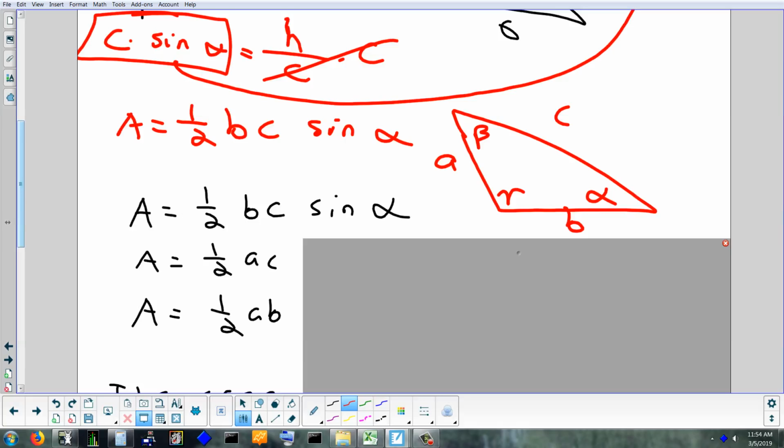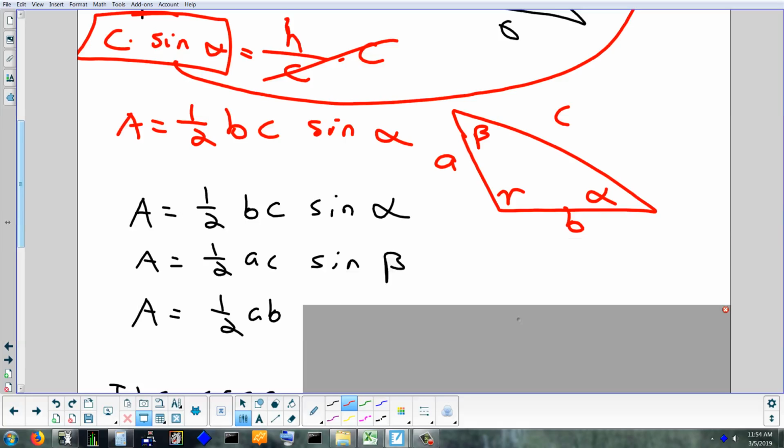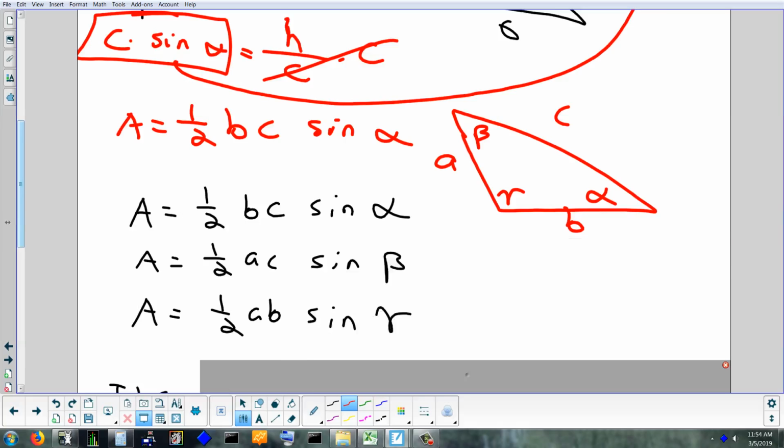Where is alpha? Where is its position compared to B and C? Yeah? It's where B and C meet. What's the angle where A and C meet? Beta. And the angle where A and B meet? Gamma. So I'm writing the same formula 3 times.